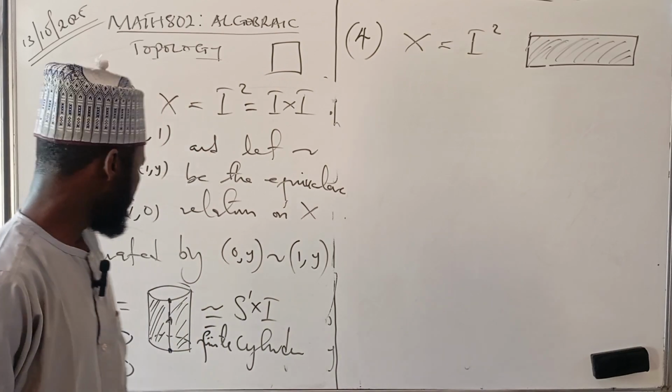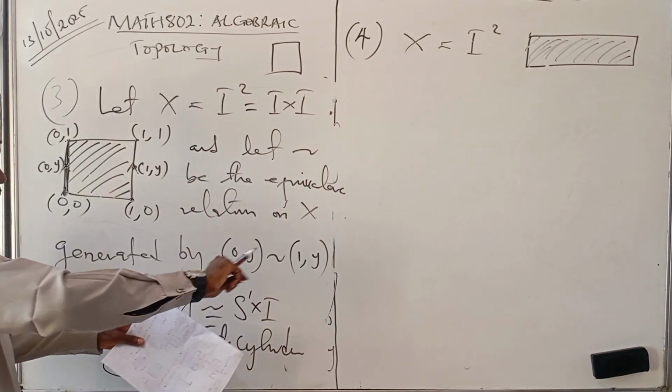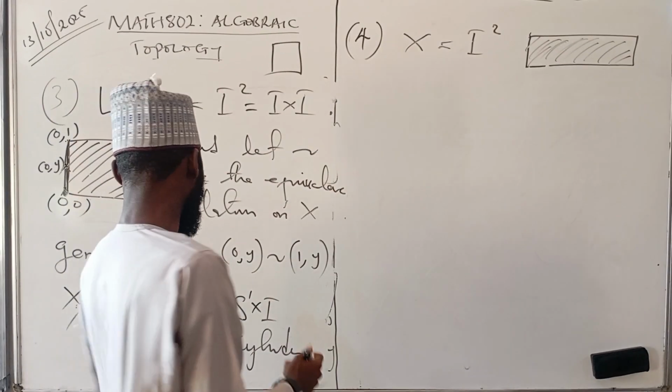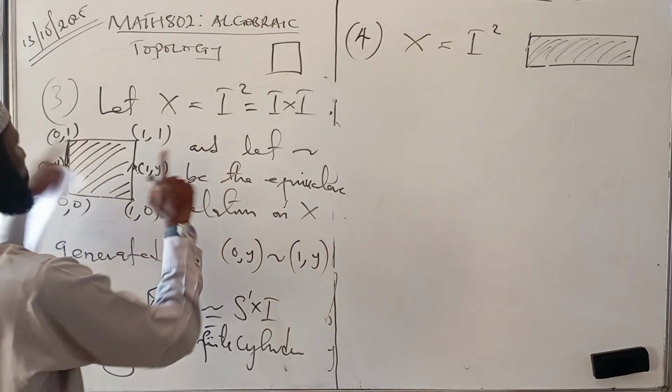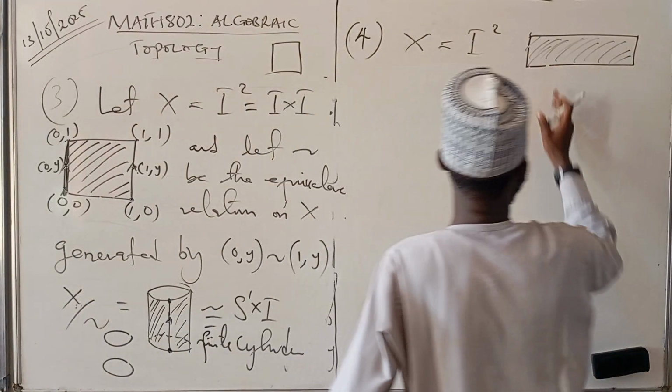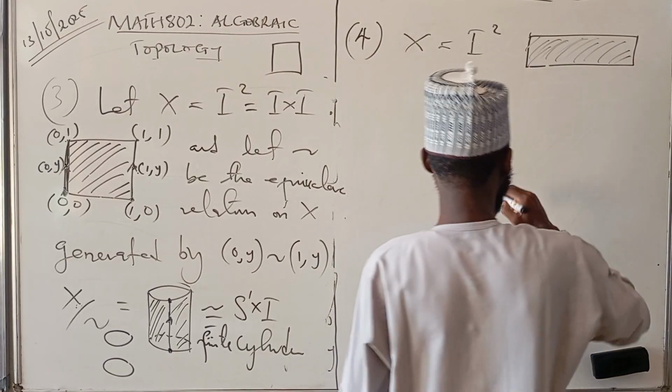Okay, and if you fold it and attach it, the way we do it when we do the identification, we just folded it like this. So it's like this one, and then I folded it.